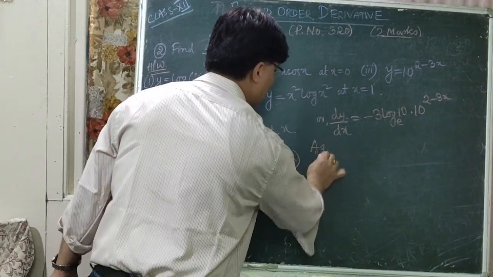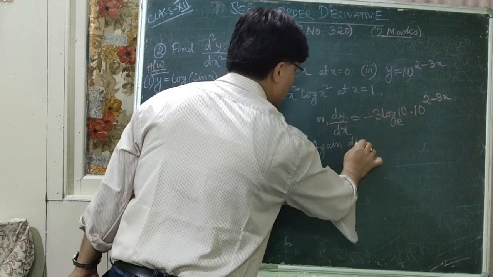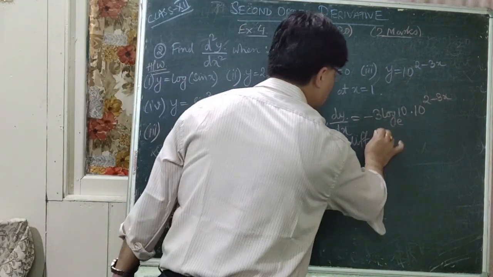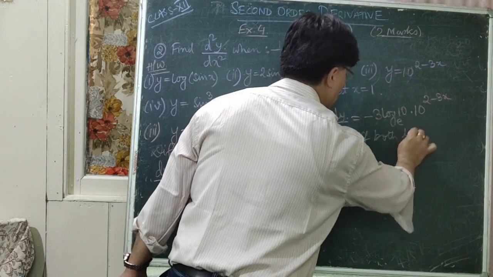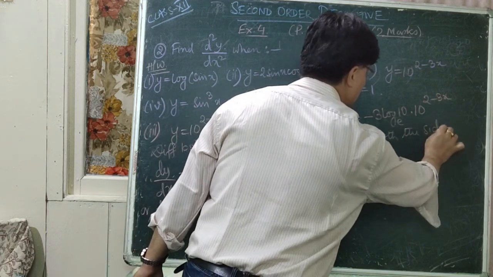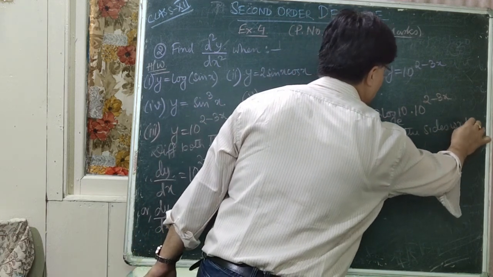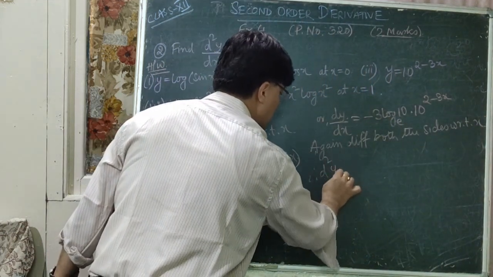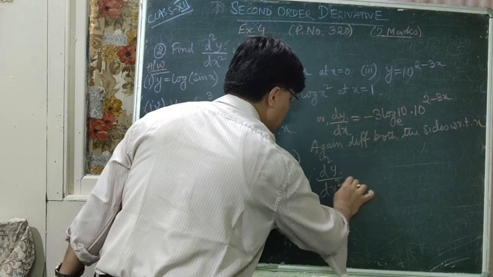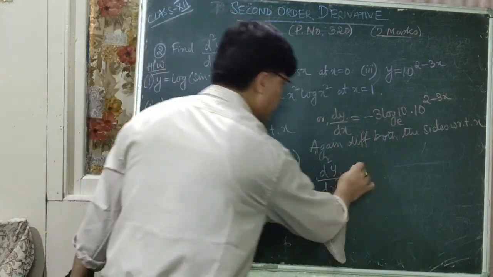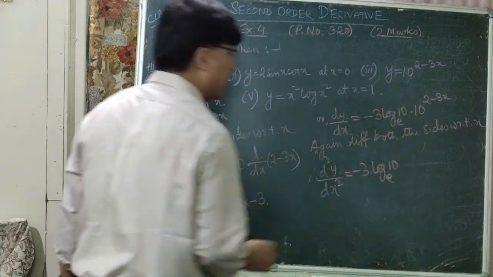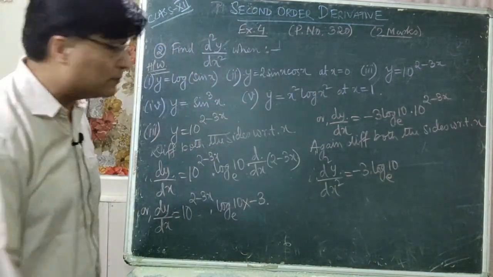Because you have to get d2y by dx square, so you have to again differentiate. So again differentiating both the sides with respect to x. So d2y by dx square is equal to minus 3 log 10 base e, kept as it is because it is a constant term.